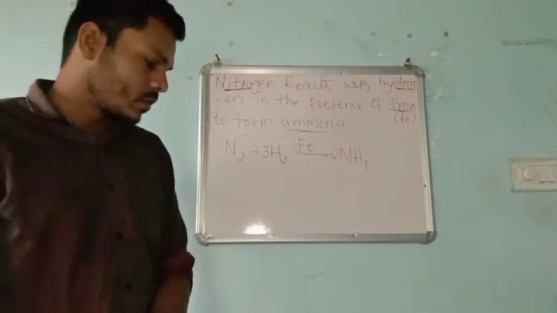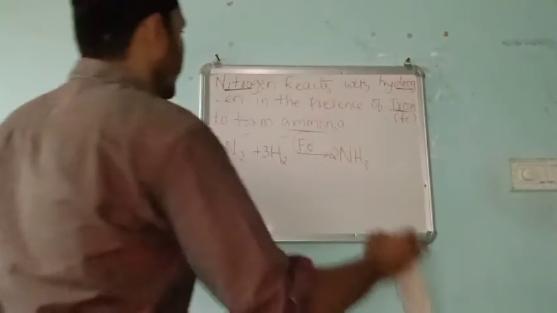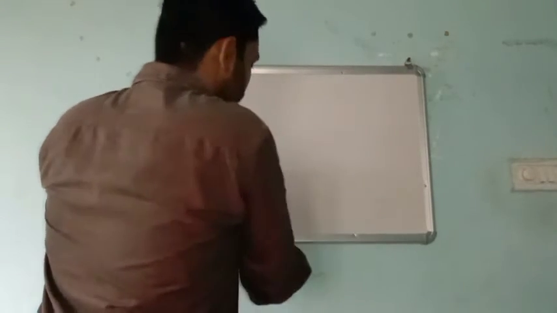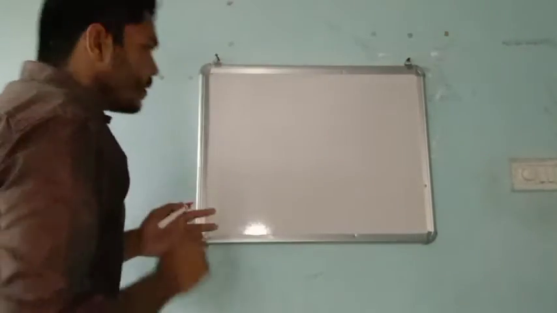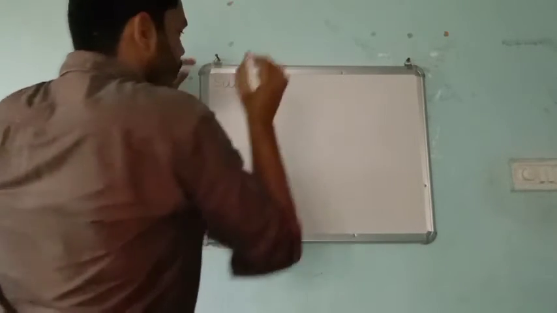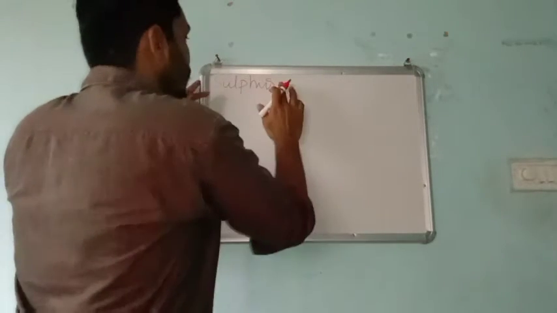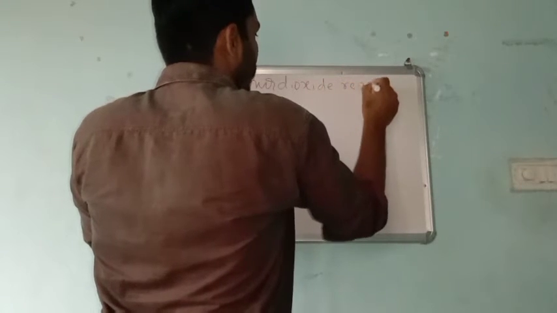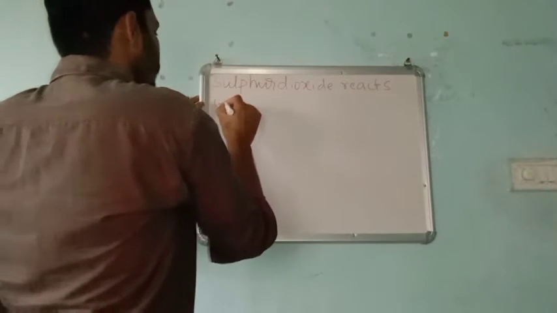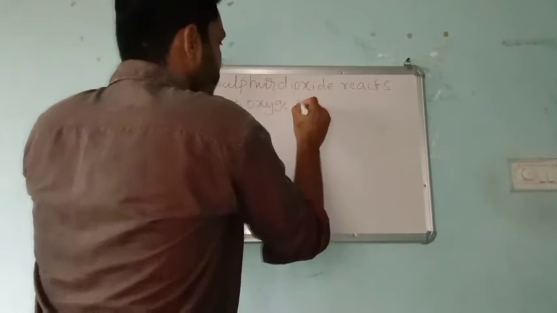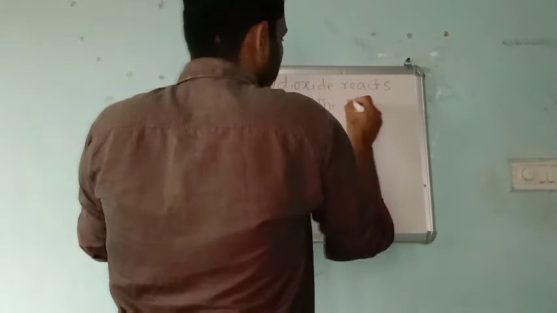So now if you want, you can take some assignment examples. So try to solve it and then send me, right? So now we will see the first one, sulfur dioxide, right? Note it down. Sulfur dioxide reacts with oxygen in the presence of, presence means what?